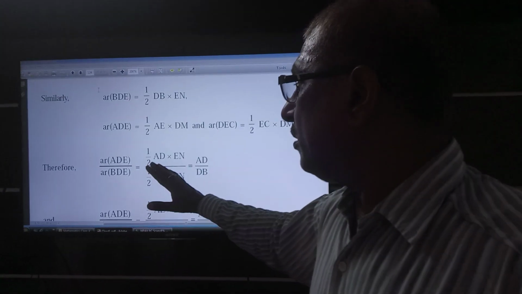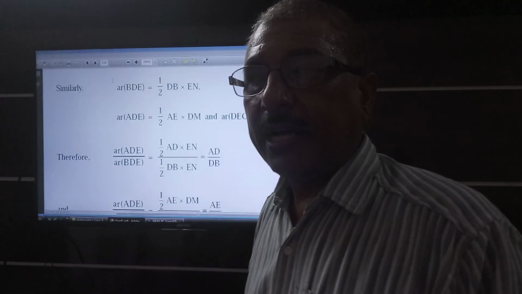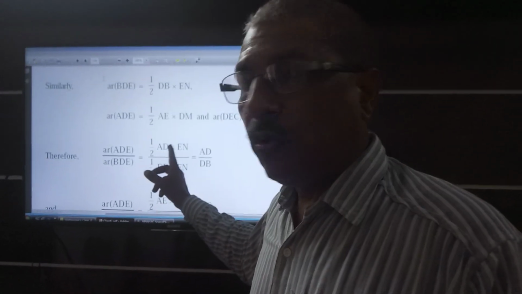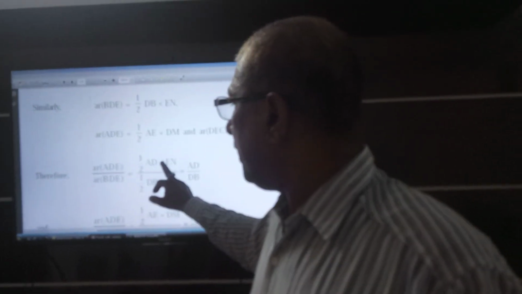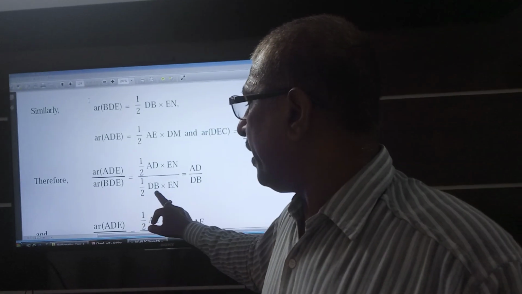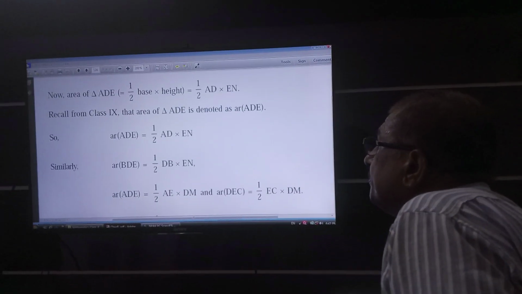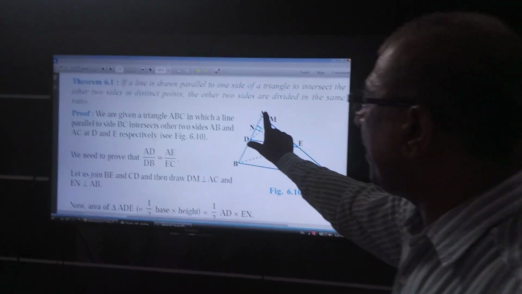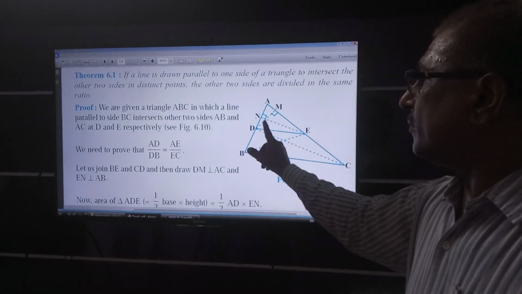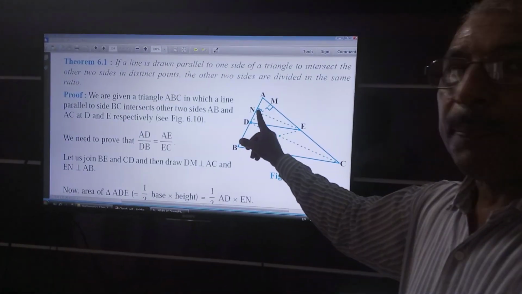So you know the basic formula: 1 upon 2 into base into height, or altitude, or perpendicular. 1 upon 2 base AD, and this is your EN. This is half into base into EN. What is EN? Can you see the figure again? Half base AD, EN. This is the altitude. Half base BD and EN perpendicular.